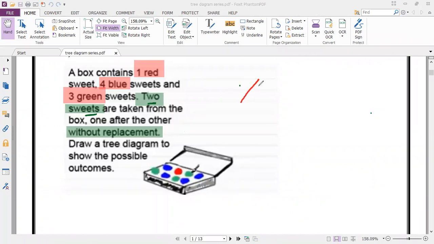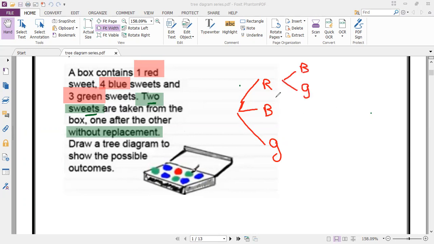Red, blue, or green. Once you have taken the red, you are left with 2 choices only. You might take blue or green.